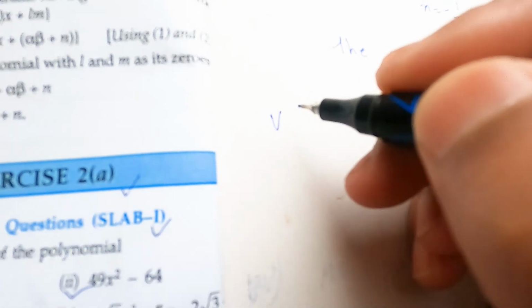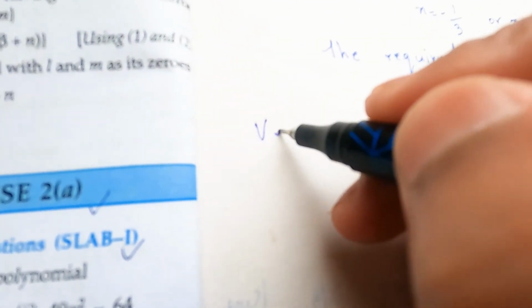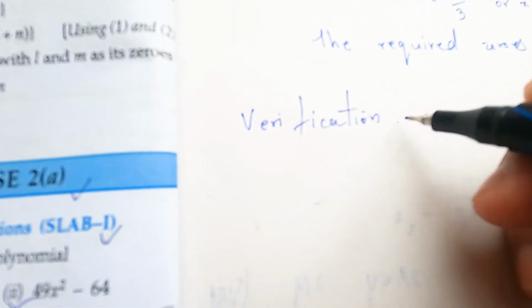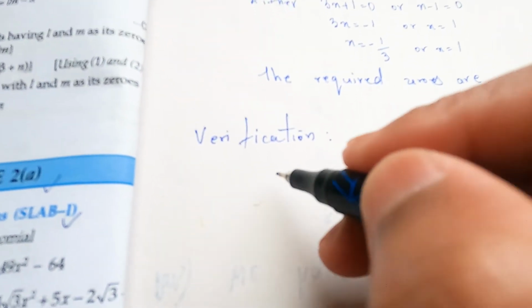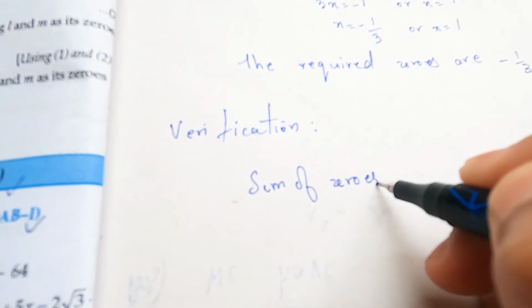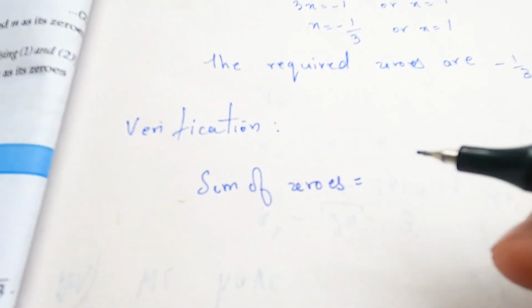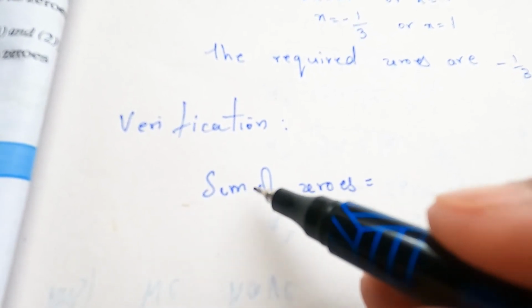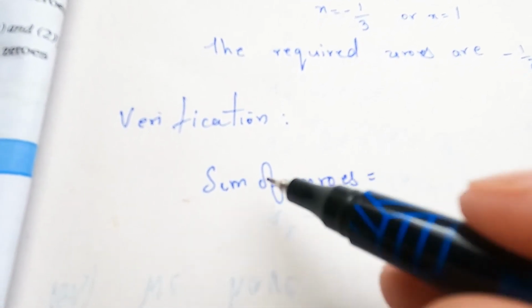So we will write here: verification. I will explain it to you. Sum of zeros: in this case we have to add the two zeros which we have gotten, minus 1 by 3 and 1.